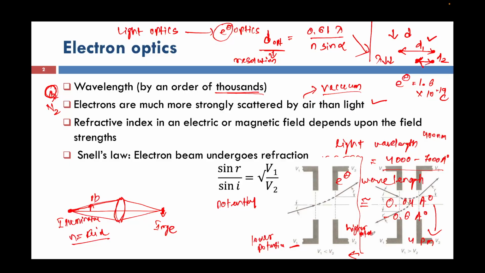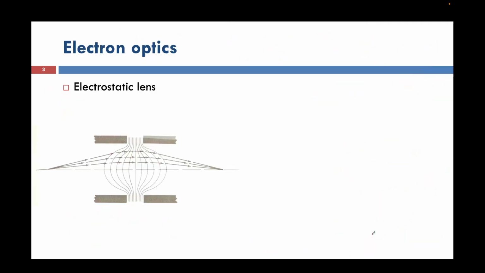So when the electron goes from lower potential to higher potential, it gets refracted, that means its path is getting changed. Based on this concept, we use the electrostatic lens, where from higher potential to lower potential the electron will be refracted, right? So this is the concept behind the electrostatic lens.